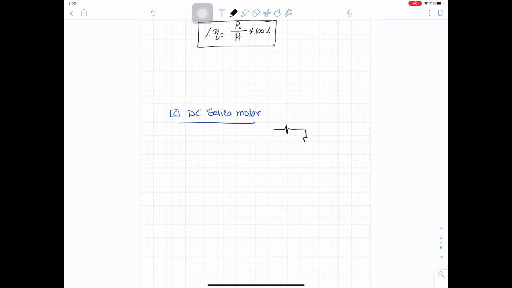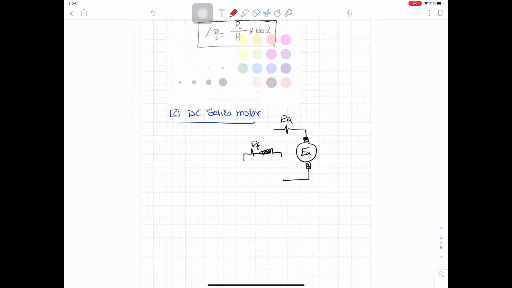So here is the armature, EA, RA. Here is the field, RF. So what we will do, we will connect the field in series with the armature.